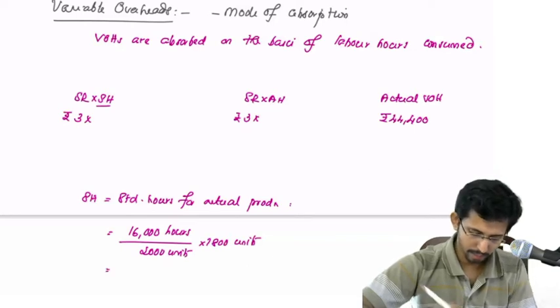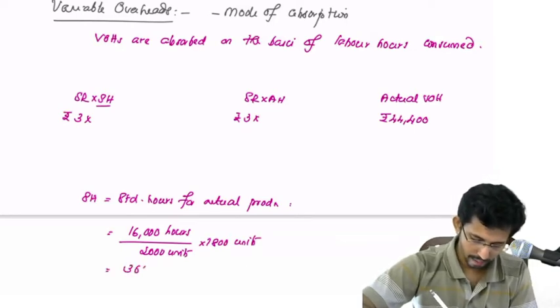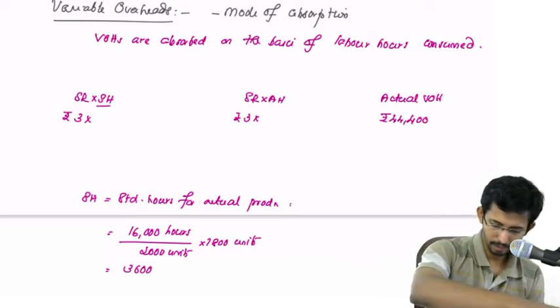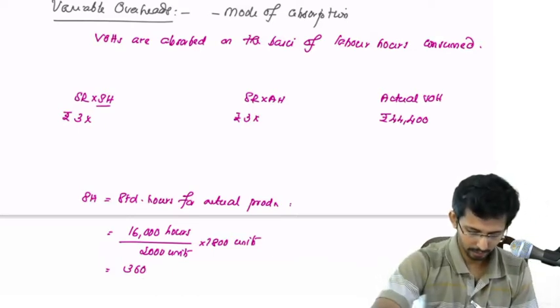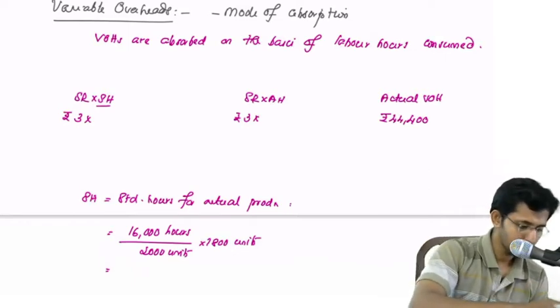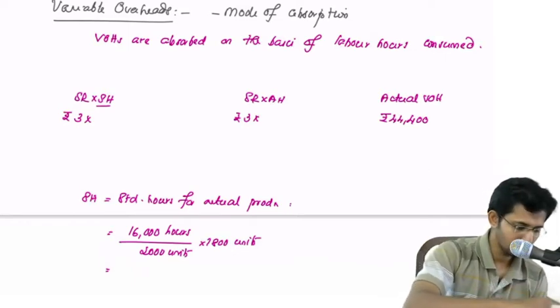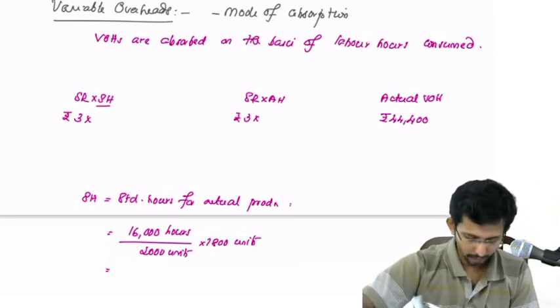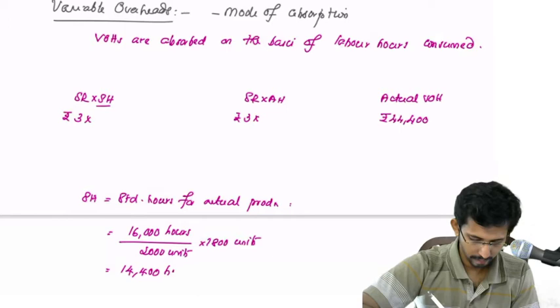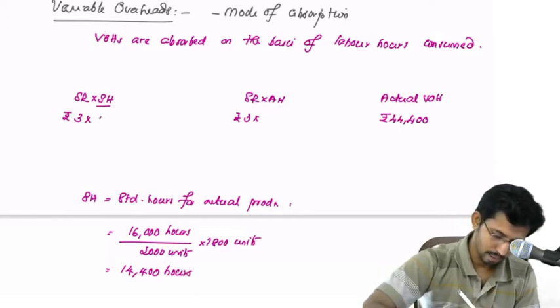Is it 3600? No. 16,000 divided by 2000 will give you 8, into 1800 will be 14,400. So this will be 14,400.